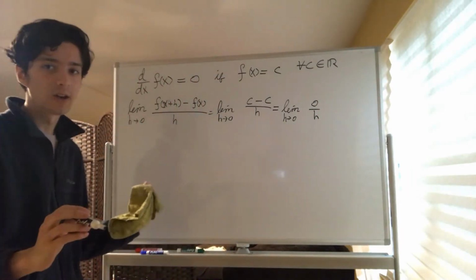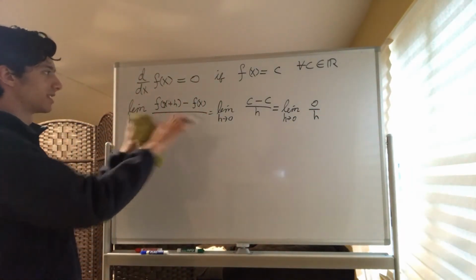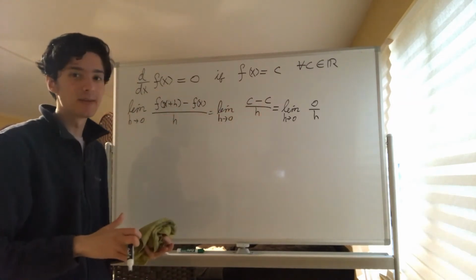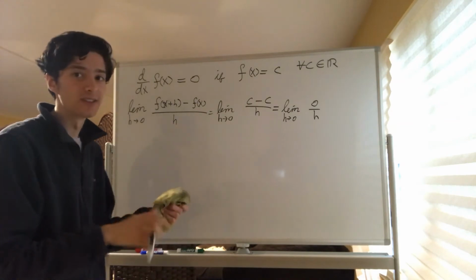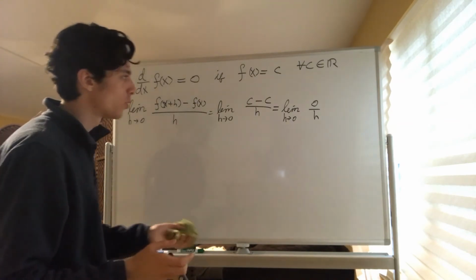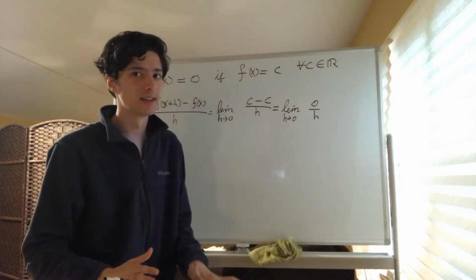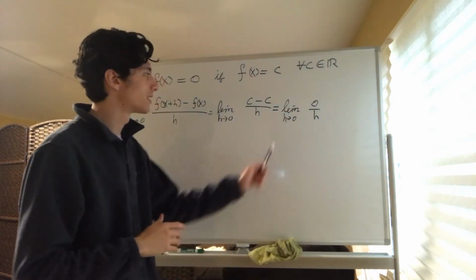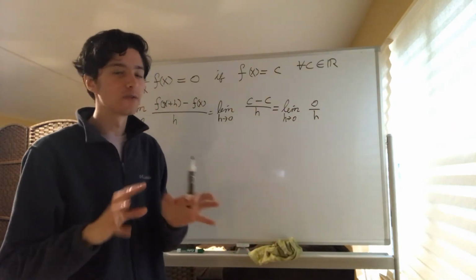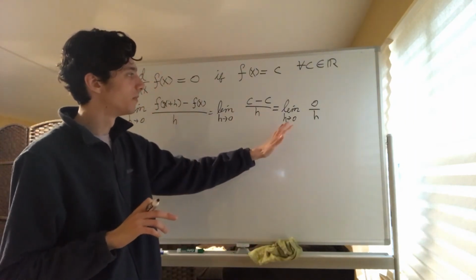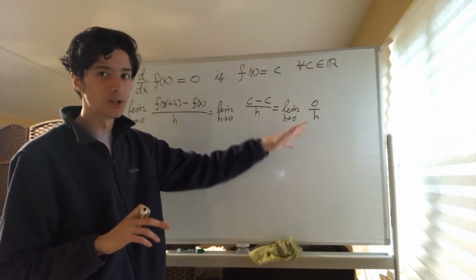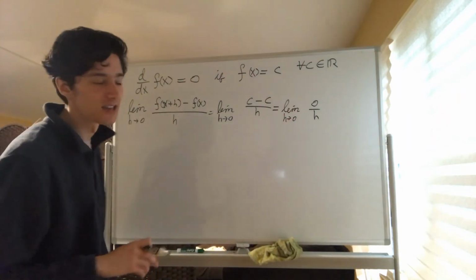So I just want to make it clear, all I've done is simplify what's on the inside, right? So because what's on the inside is equal, the limit as h approaches 0 of all these things should be equal. Now, of course, 0 divided by anything is 0, except that h is approaching 0, so we might not feel the most comfortable plugging in 0 for h and just concluding that 0 because we get a 0 over 0 case.